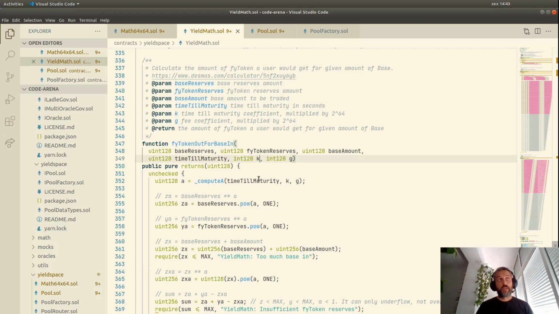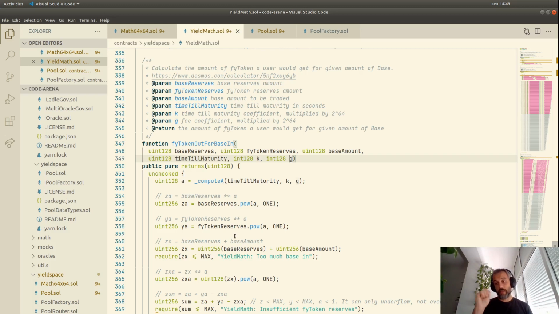And this is a library, so it actually doesn't interact with any contract. You supply all the numbers and you get a value out. So the automated market maker will introduce the token reserves initially, the amount to be traded, the time to maturity, K, which is the parameter for the maximum time, and G, which is the parameter for the fees.